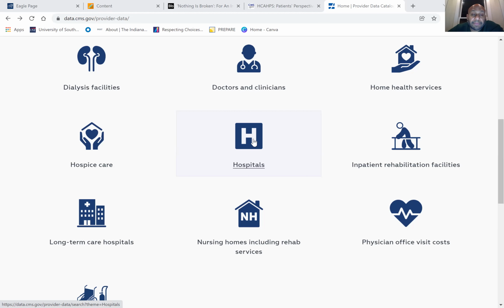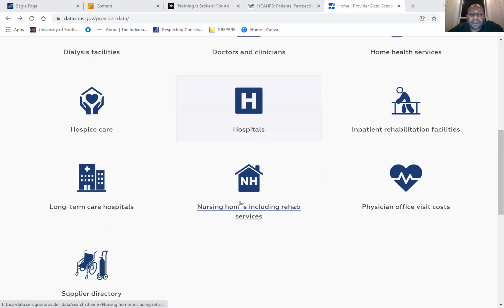Or how many people die in a nursing home? And so you can compare all that information, the costs for all kinds of different office visit procedures for physician offices around the country. The question is, what does that really tell you, and how do you interpret that?